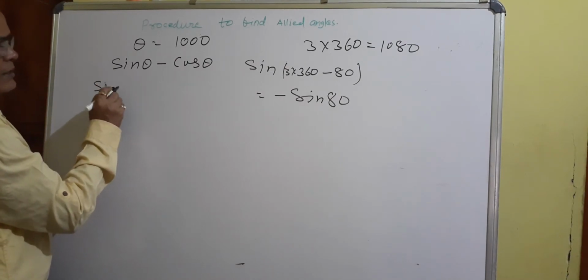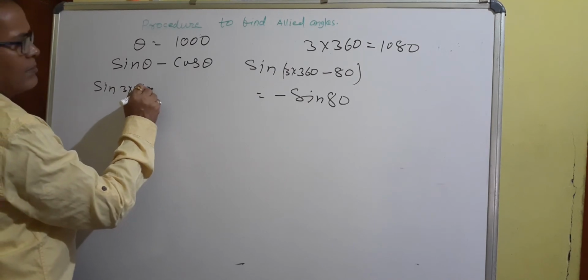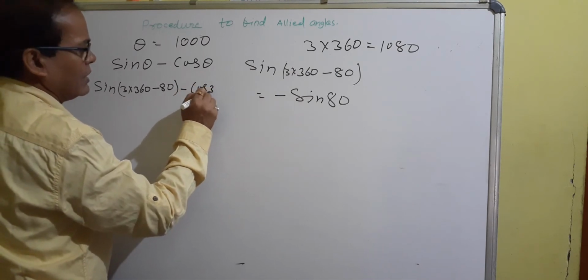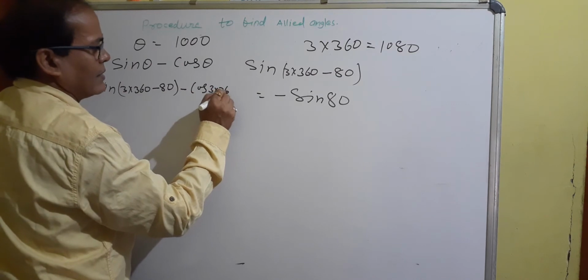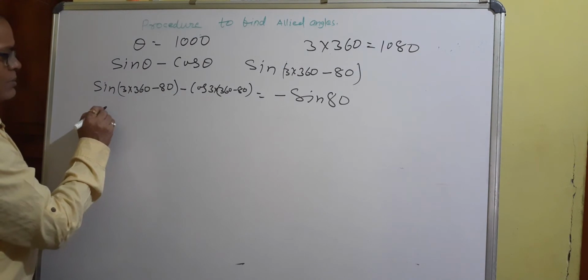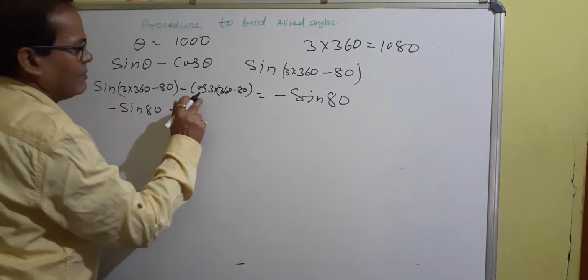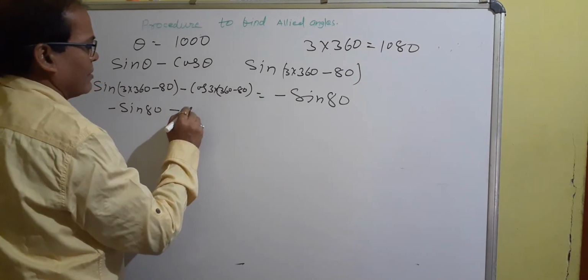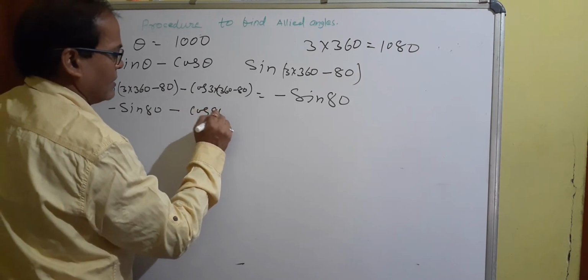So here we write sine of 3 times 360 minus 80, minus cos of 3 times 360 minus 80, which is equal to negative sine 80, and here you get positive cos 80.